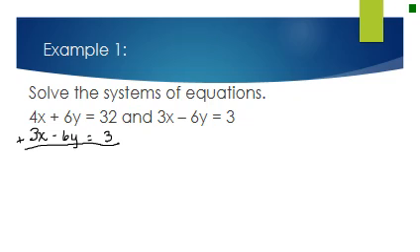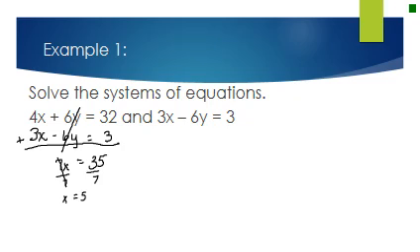So right here I've got 6y minus 6y. When we add, those cancel out. And then I've got 4x plus 3x, that gives me 7x equals 32 plus 3 gives me 35. Divide by 7, and x equals 5.